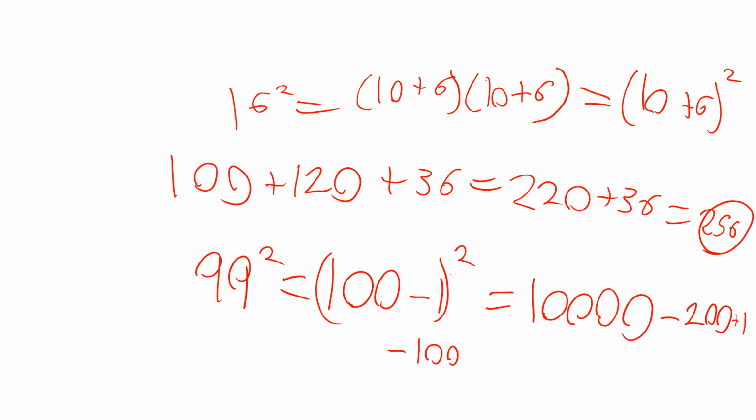So we compute this. 10,000 minus 200 is 9,800. 9,800 plus 1 is 9,801. So 99 squared is 9,801.